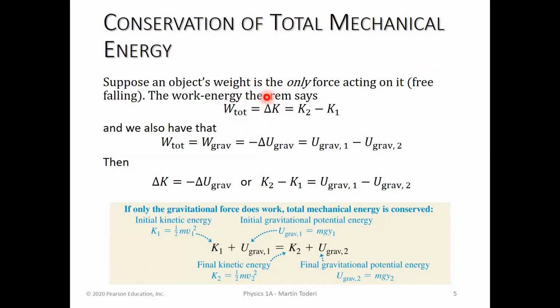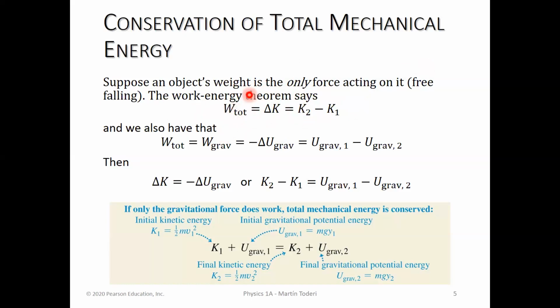So if we just suppose that an object's weight is the only force acting on it, so it is free falling, nothing is pulling or pushing or doing any other interaction, so we just have the weight, then of course this will be valid, right?